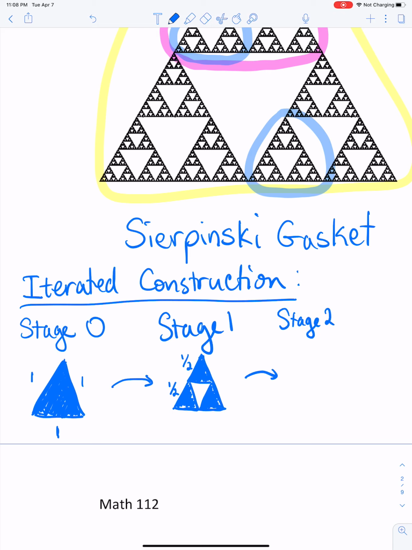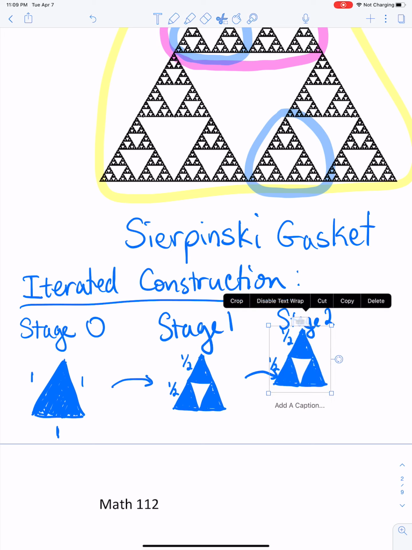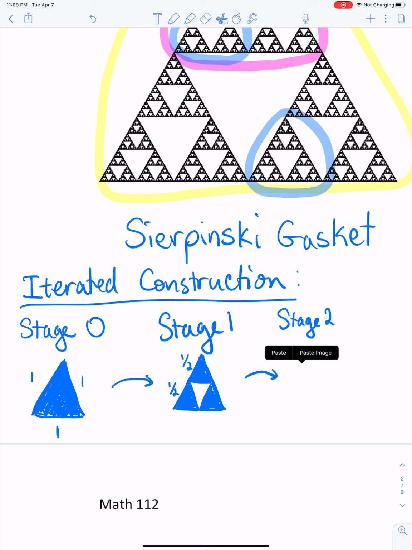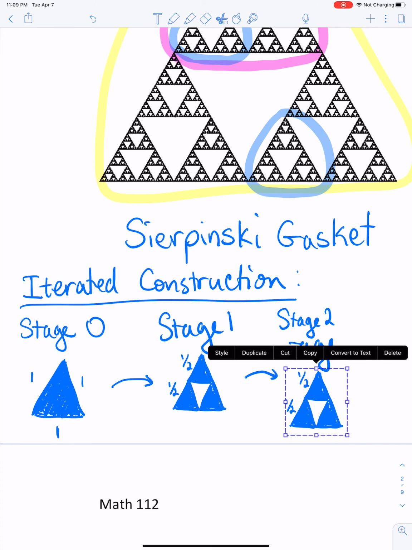I'm going to take 3 different copies of the stage 1 fractal. So let me try that: copy, paste.